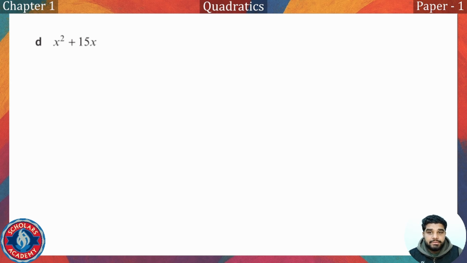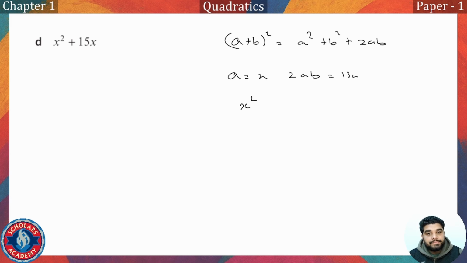So again, we'll compare it, plus, so (a + b) whole square, that is a square plus b square plus 2ab. Okay, we compare it, we get a is equal to x and 2ab is equal to 15x. So we can write it as 2 times xb is equal to 15x. b is equal to 15 by 2, right?